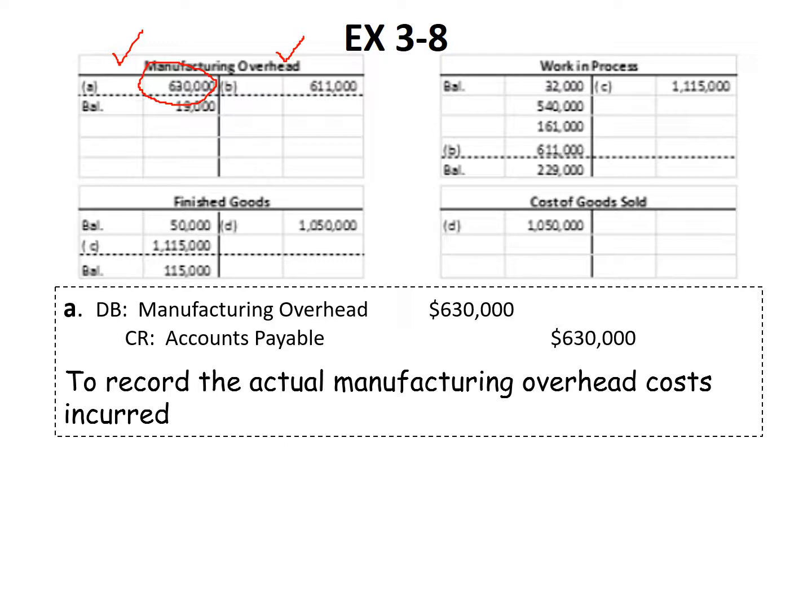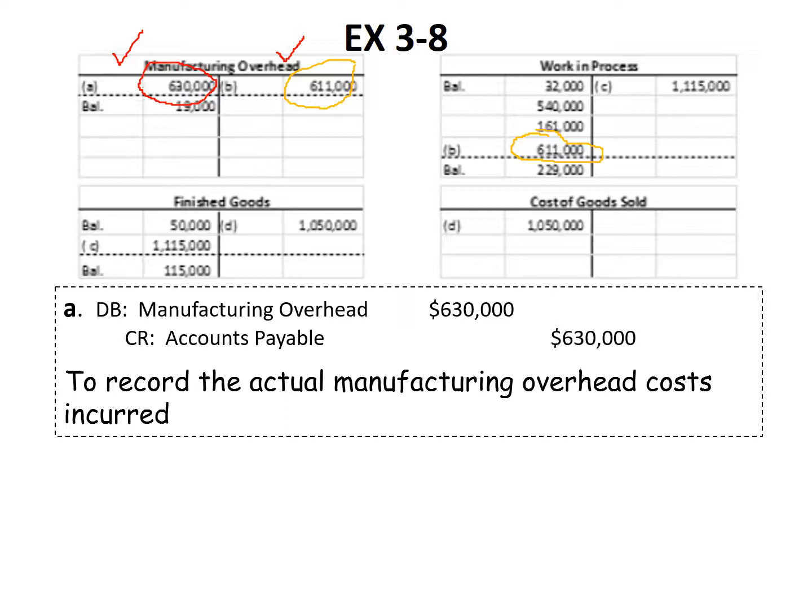In the case of entry B, we have a credit of $611,000 to manufacturing overhead. And remember, when we're applying the overhead, which is the credit side, we're going to be debiting work in process. So we'll find the $611,000 over here in work in process.